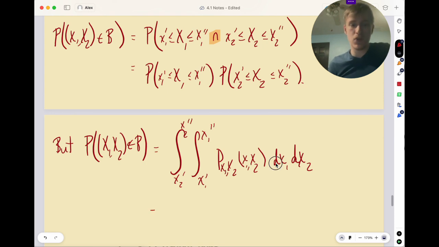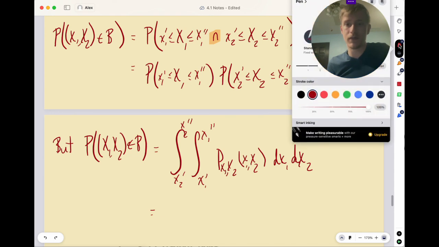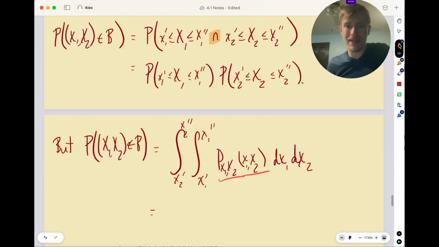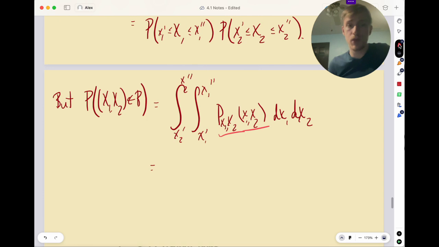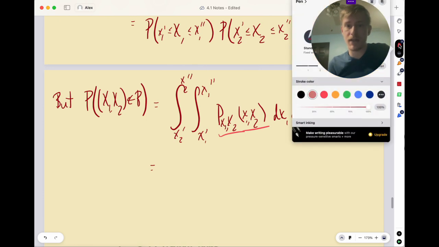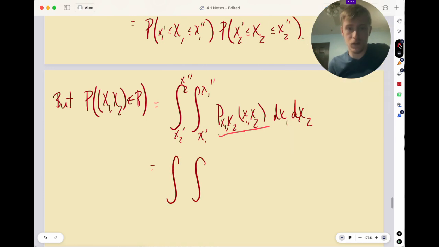And that has to equal this, which only happens when I can break this joint distribution up as the product of individual densities.